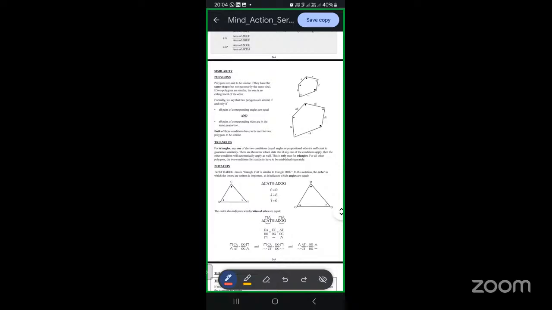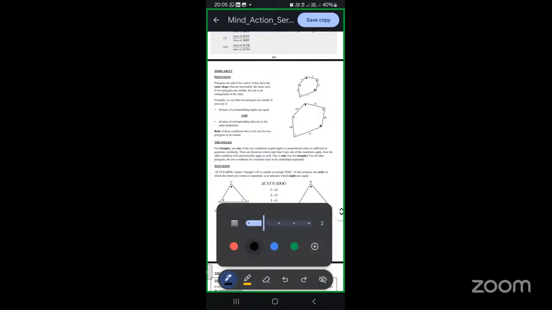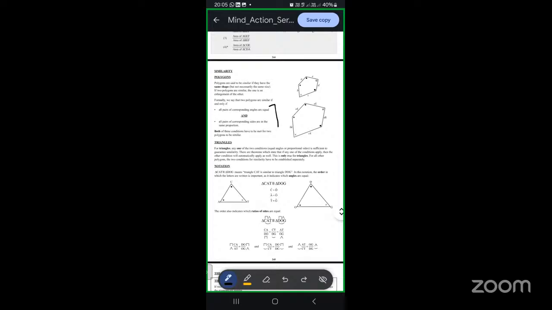Then we can say those polygons are similar. Formally, we say that two polygons are similar if and only if these conditions are met. If they are met, then you can say those polygons are similar.